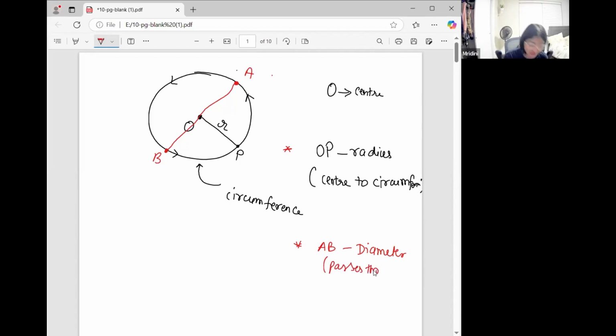Half of it is the radius. So from A to B is my diameter.